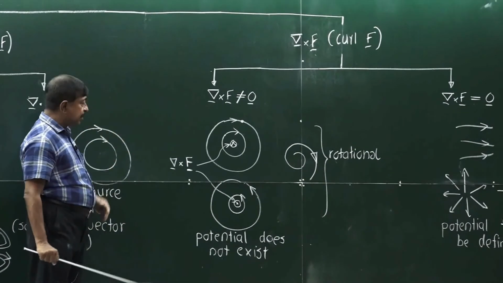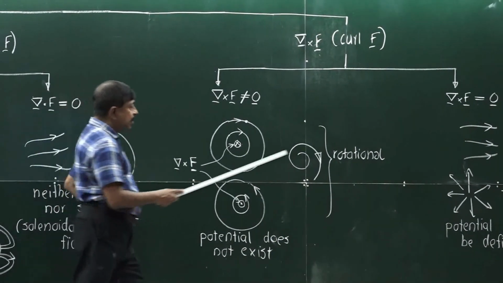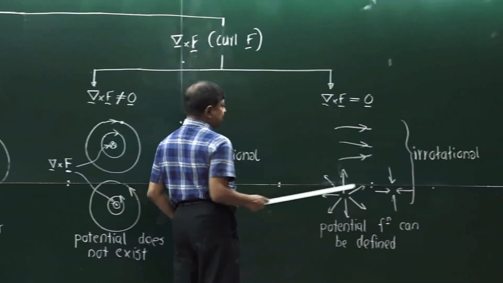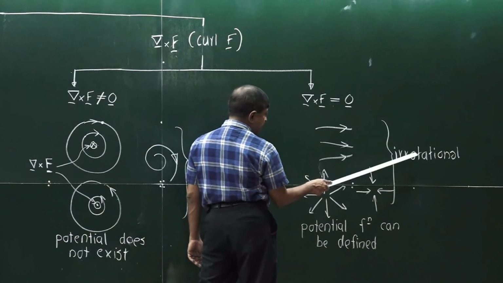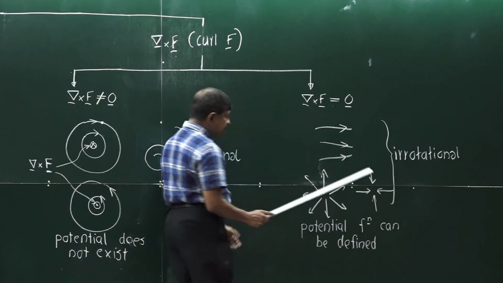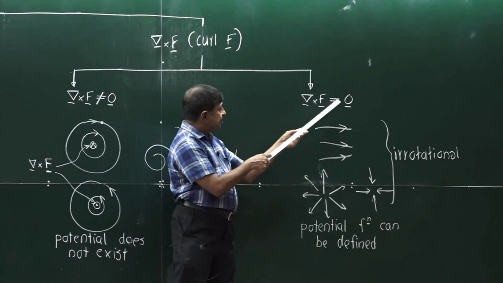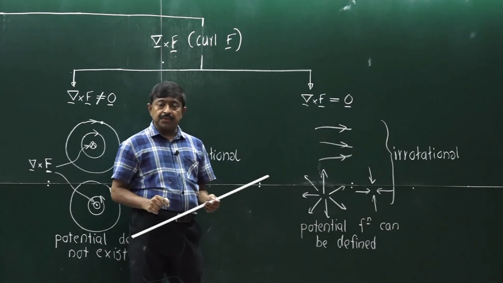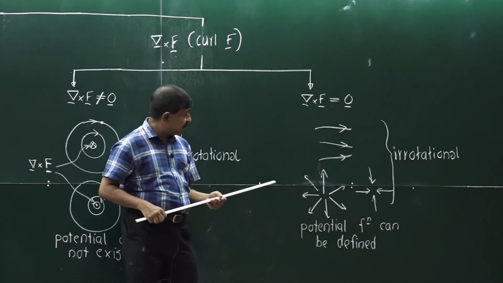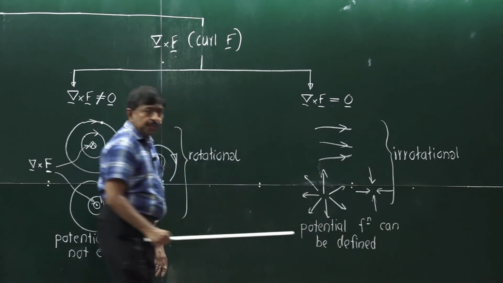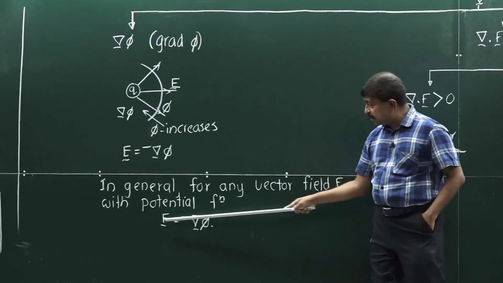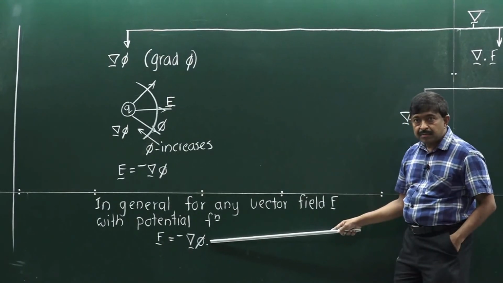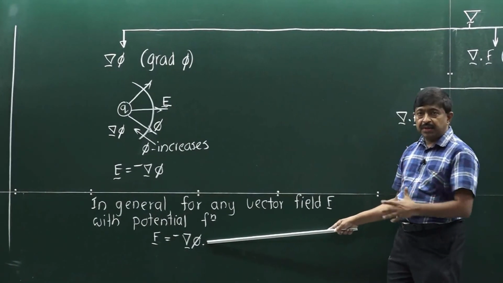You cannot find a potential function. However, if there's no rotation, it's called irrotational, the opposite of rotational. It's an irrotational vector field. That means curl F is 0. Once curl F is 0, you can find the potential function, right? And in that event, when F is given, you can for sure find phi.